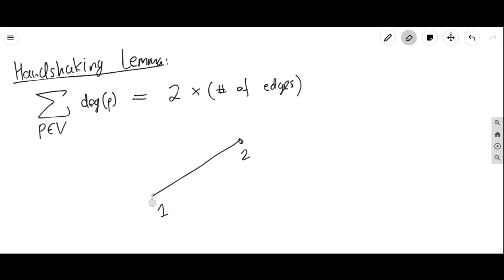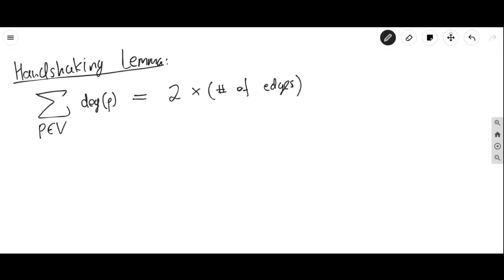But there is one edge connecting them, because the edge just represents a relationship between 2 people that shook hands with each other. So you have one edge, but the total number of handshakes was twice as much, because for every connection, you're counting it both ways. That's basically the proof right there.